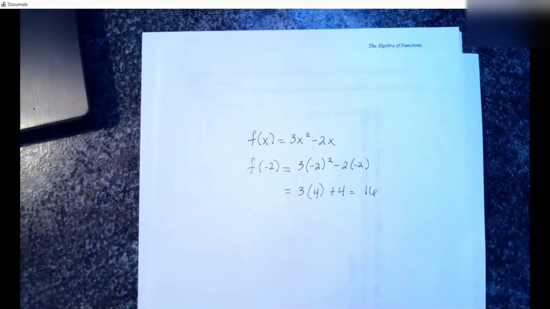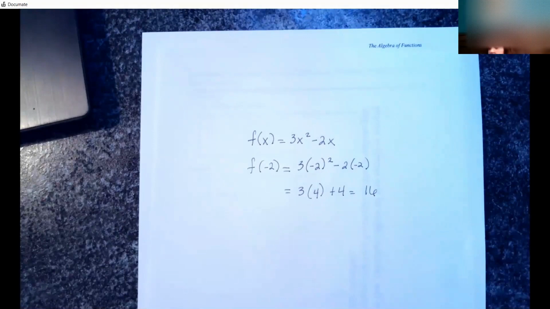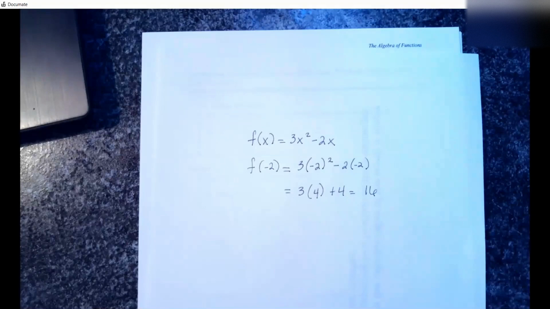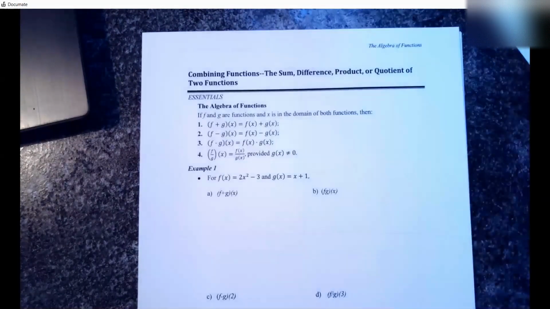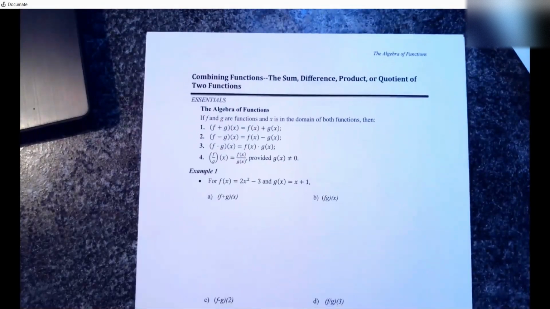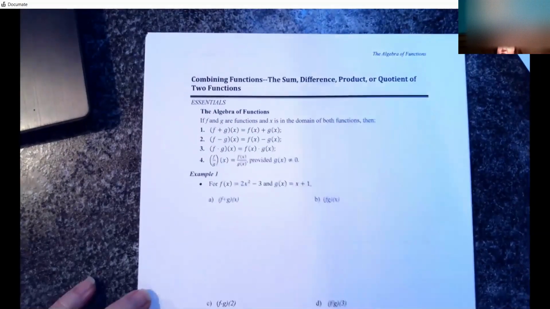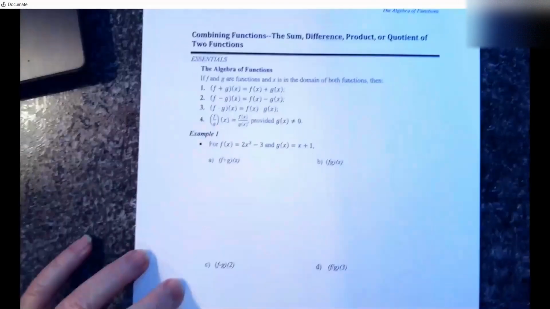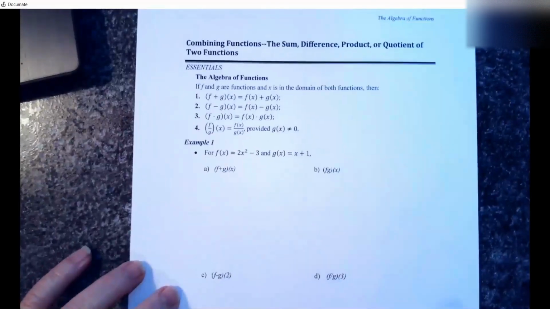In this next section, what we're going to look at is what happens when we're dealing with several functions. Maybe we want the sum or difference of two functions, or a product or quotient. So we're going to look at ways of combining functions with addition, subtraction, multiplication, and division. And they're actually pretty intuitive as far as the way that they are defined.